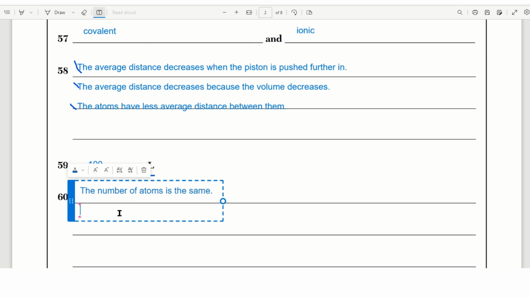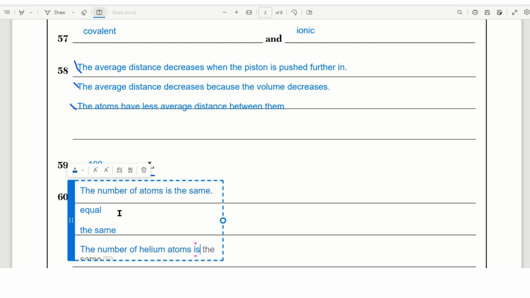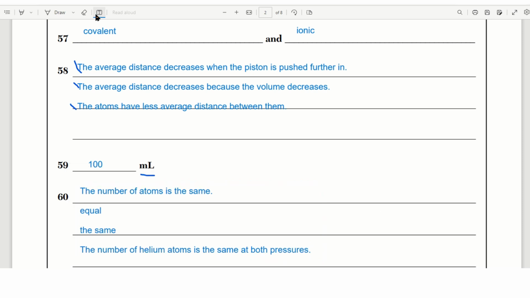I could just write equal, the same. The number of helium atoms is the same at both pressures. Sample answers, right? But again, 1 of those answers, just one.